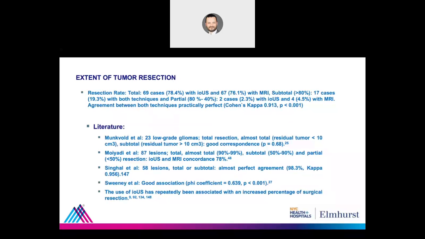So, can you repeat? Sorry, what percentage, like in those that use intraoperative ultrasound routinely in brain tumor resection cases, what percentage of time does the intraoperative ultrasound cause them to alter their surgical resection? In other words, cause them to go back to take out more tumor?